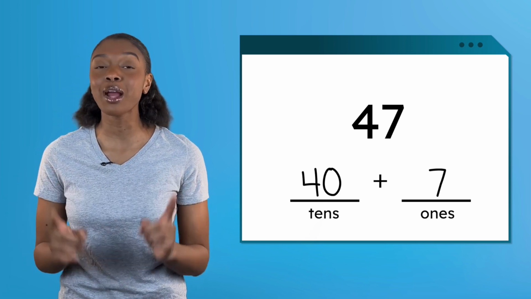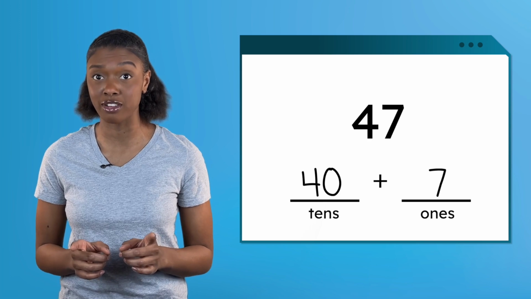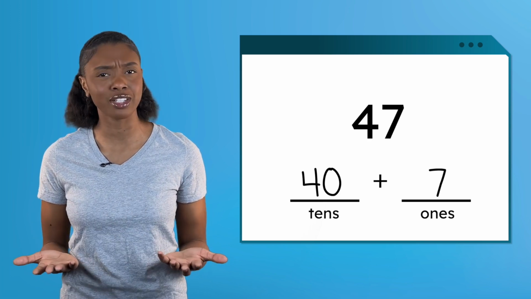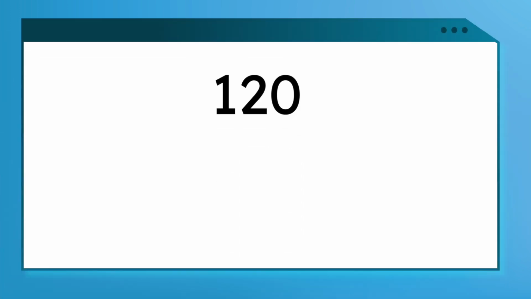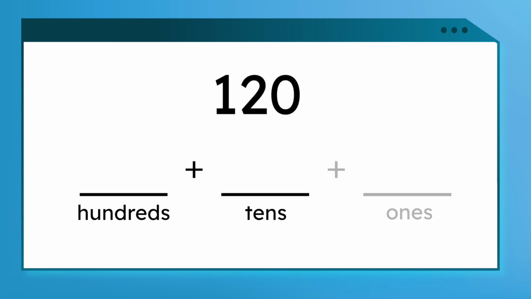Okay, we represented a 2-digit number in expanded form, but what about a 3-digit number? 120 has 3 digits, so we'll decompose it into 3 parts: hundreds, tens, and ones. Starting with the greatest place first, how many hundreds does 120 have? 1.